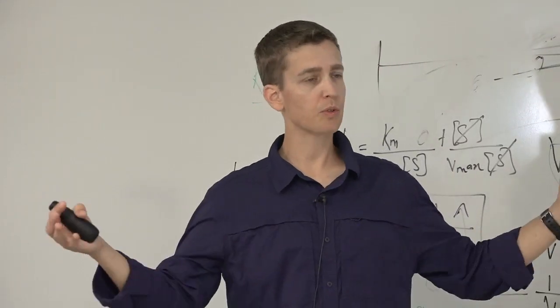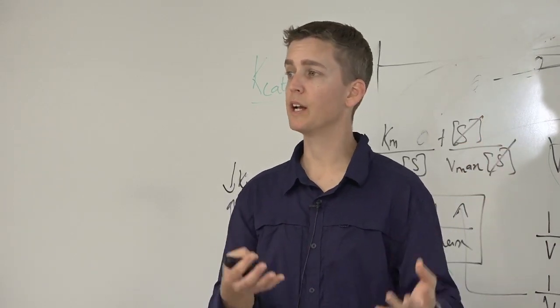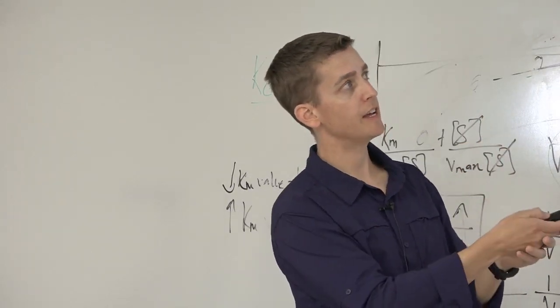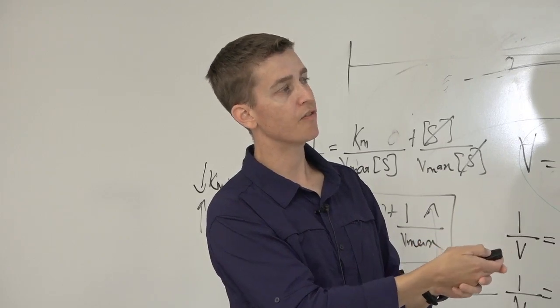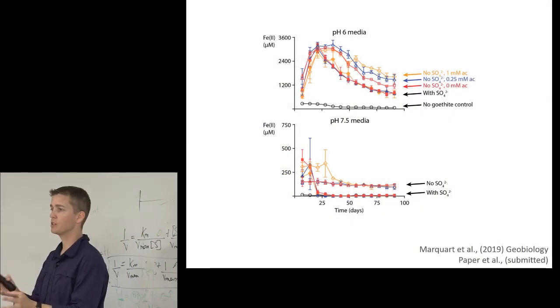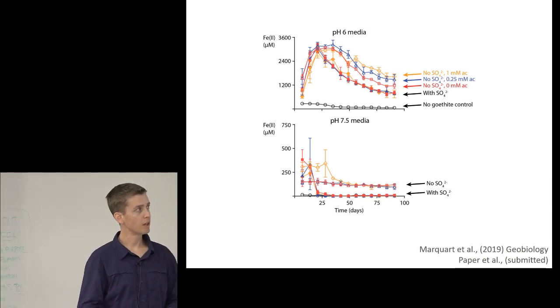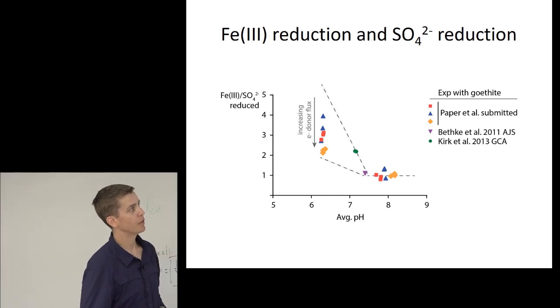And when we put those results together, we can start to understand how the balance between these microbial reactions change as we tweak these environmental control knobs. Right? We can understand how the balance, the proportions change. So let's take a look at what that looks like.